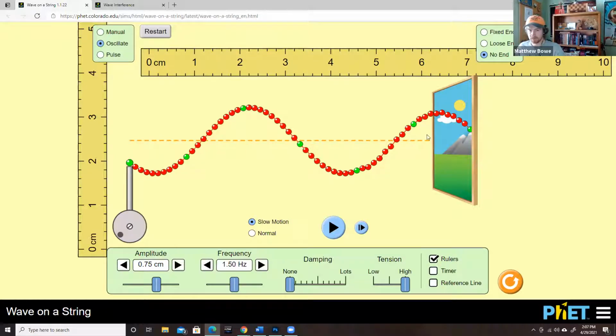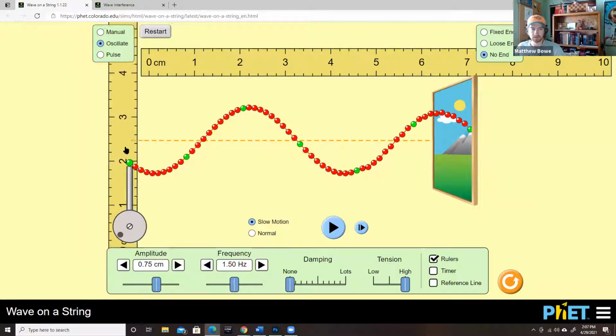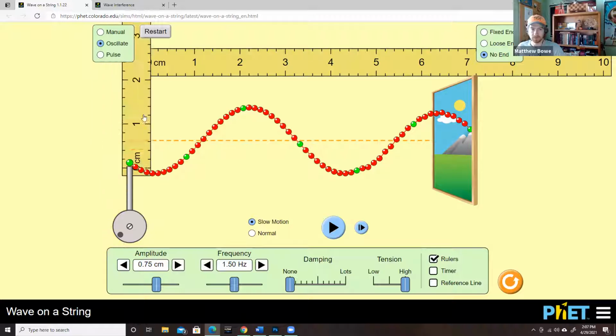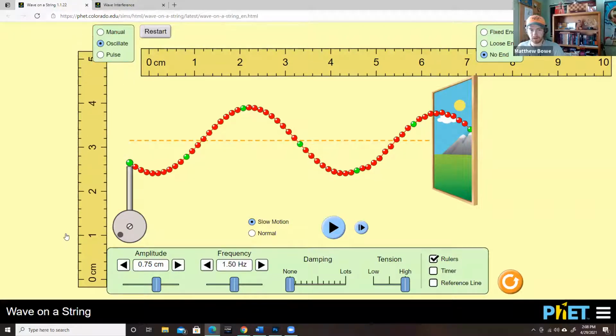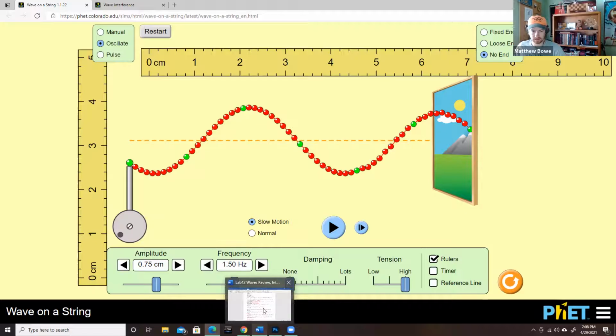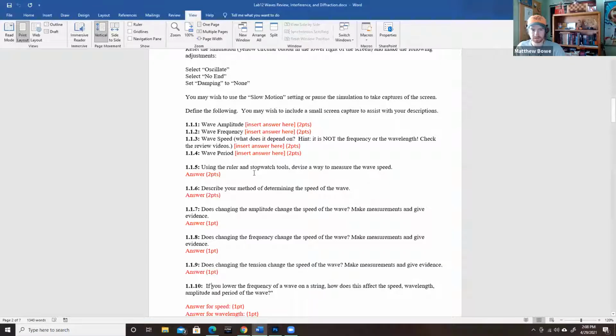There's this central reference point. What you can do is measure the amplitude just by lining that up. What else? Frequency is given at the bottom. And there is something else that we need to do.